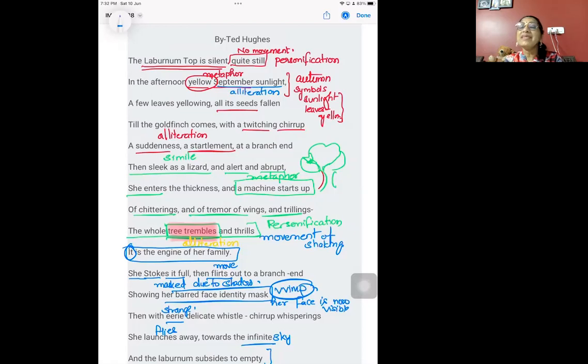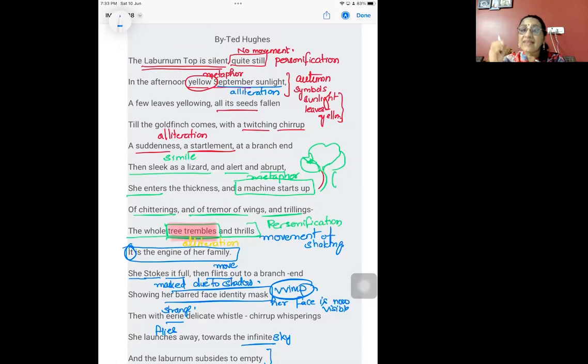Yellow September means it is the autumn season. अगर yellow September में आपके पेपर में आ रहा है तो it is आपका metaphor. And September sunlight आएगा तो then it becomes alliteration because the sound s is repeated. So it is the yellow season, sorry, the autumn season.